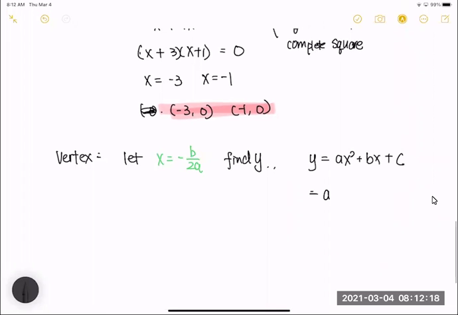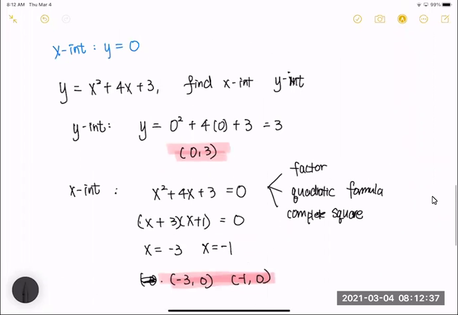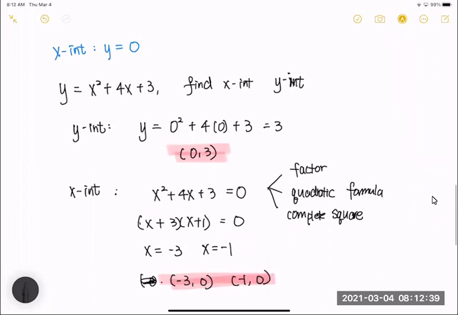So you want to substitute x equals -b over 2a into the quadratic equation. Whatever you get, that's the y coordinate. So let's use the same example, which is y equals x squared plus 4x plus 3.